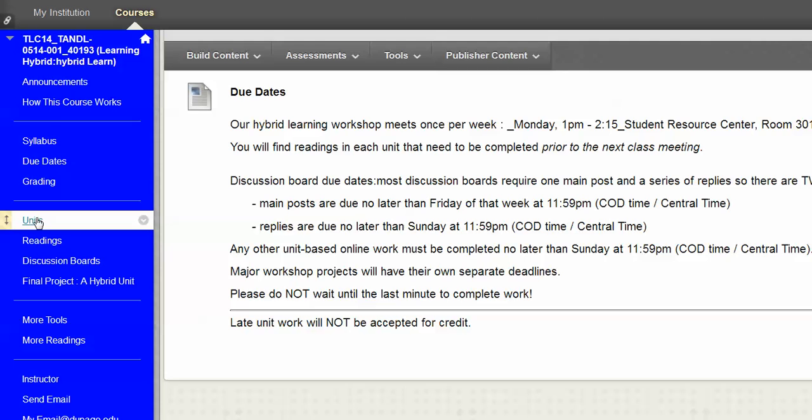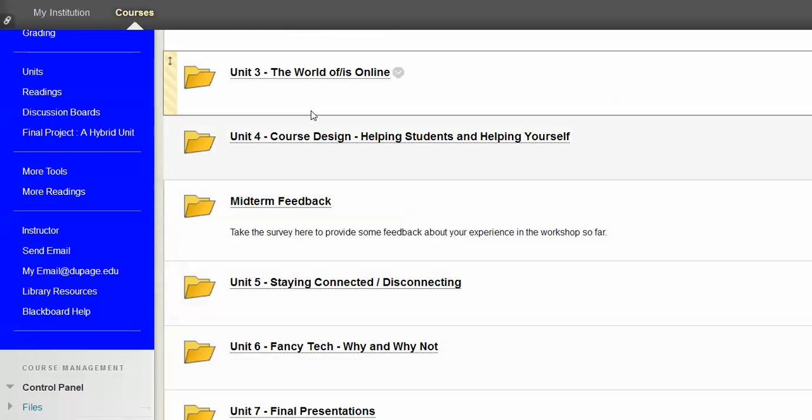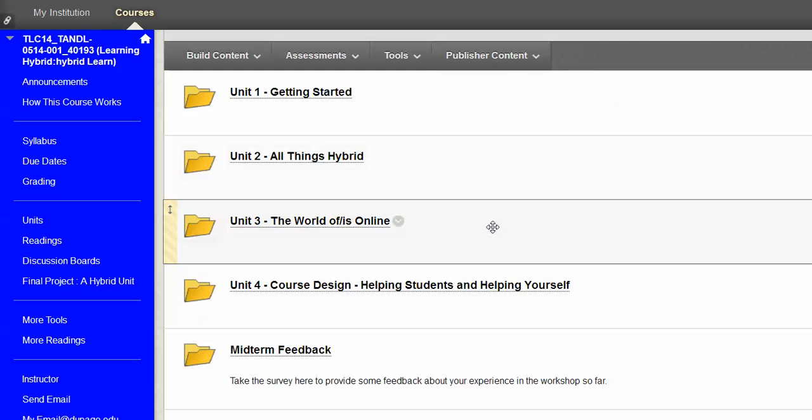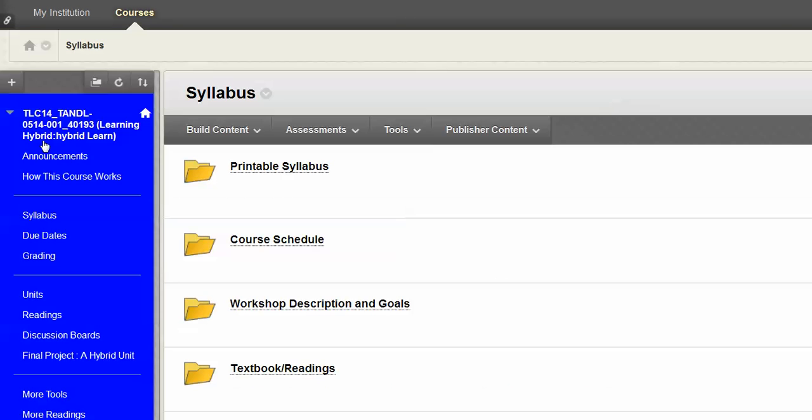Coordinating due dates with units in the course, probably not digging too deeply into the units themselves, otherwise you get a little too bogged down. Obviously pointing them to the syllabus, if there's textbook information, and any of that kind of thing.